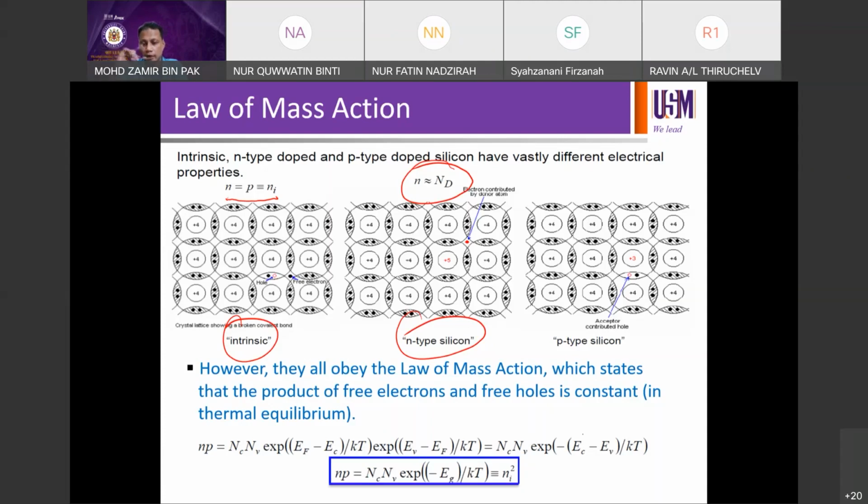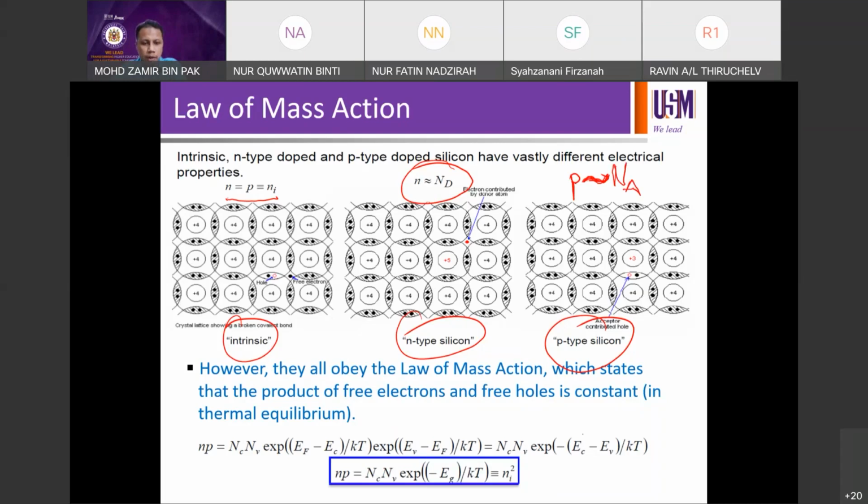On the other hand, in P-type silicon, it's missing here, what is the approximation for P-type? Anyone? N-type, n equals Nd. Yes, okay, thanks. p equals Na, simply because if you assume 10 to the 15, that is 5 orders of magnitude higher than Ni, which is 10 to the 10. So you can approximate your p to be equal to Na.